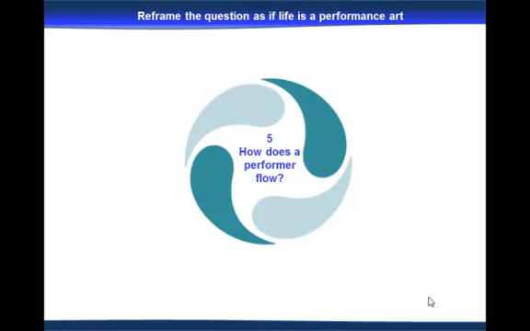Or if we reframe the question and consider performance really as a performance art, then we answer the question, how does a performer flow? And the answer is not really a logical one, it's an experiential one. And a performer flows visually.